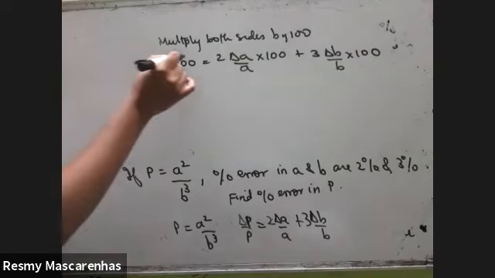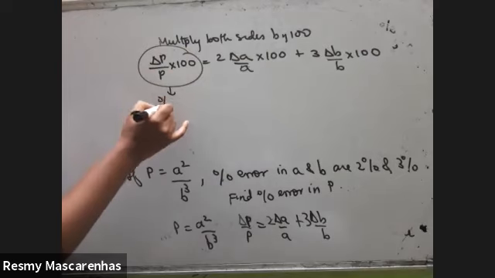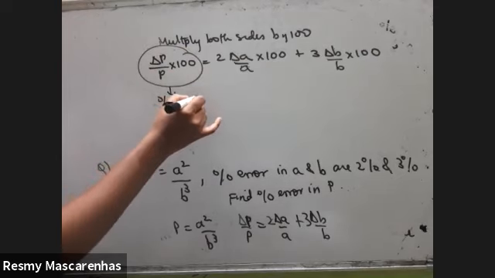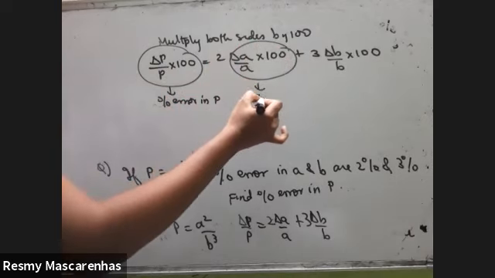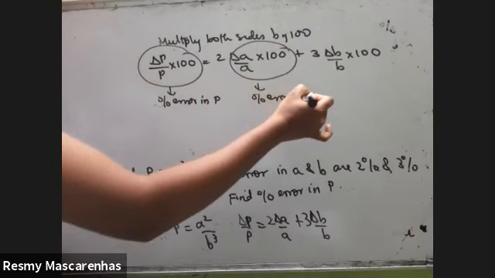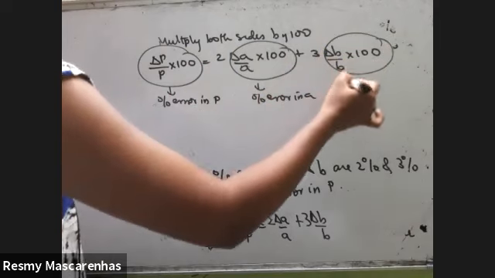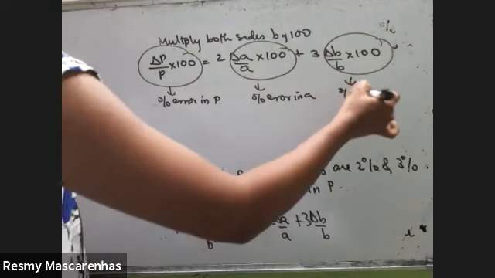So now this value is the percentage error in P. This is the percentage error in A. And this fellow is the percentage error in B.